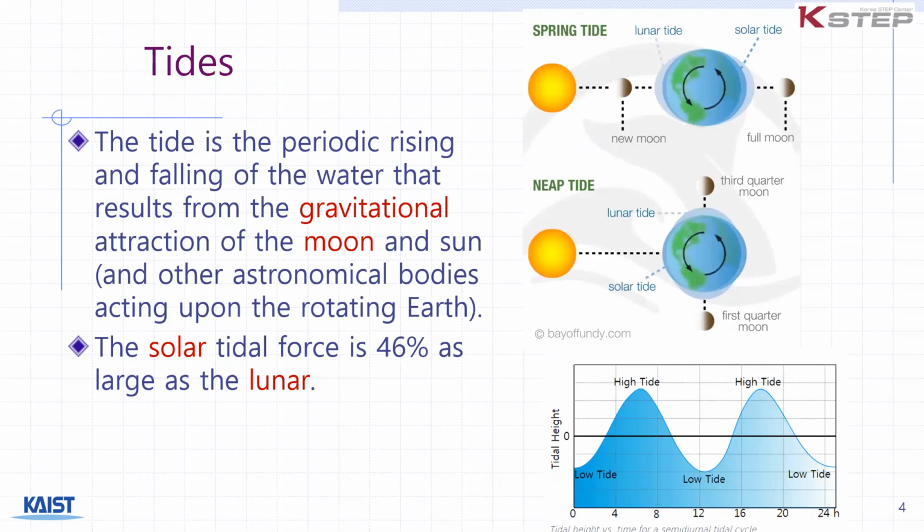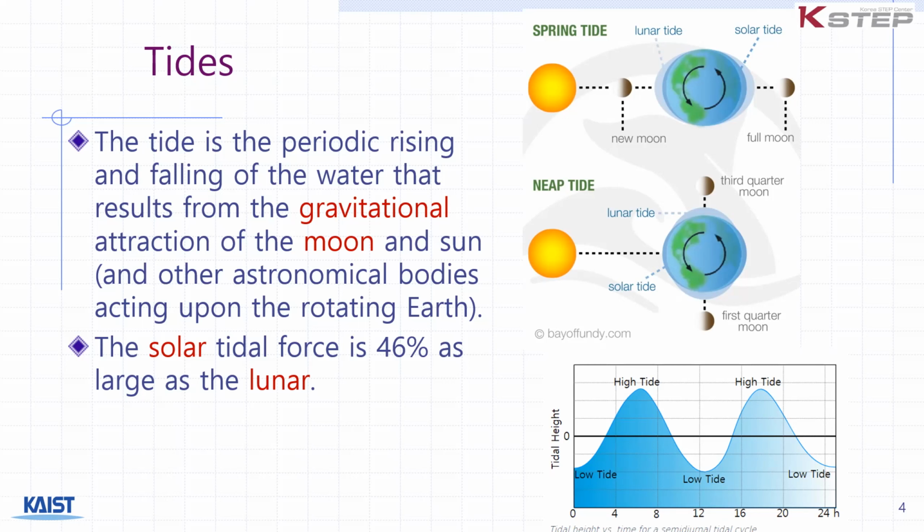And the tide comes from the movement of the sun and moon. Especially the moon is the main influence on the water movement. So we call this the lunar tide, and there is also a small percentage of solar tide.